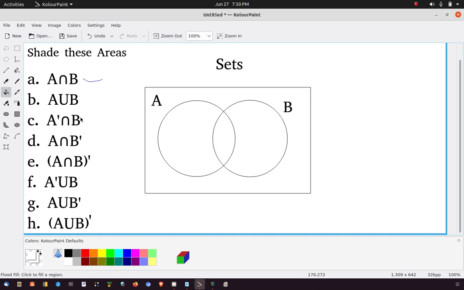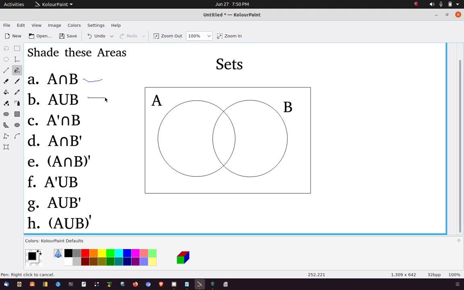Now let's look at the other one. So we've done this one. Let me just make sure that I mark this one off.